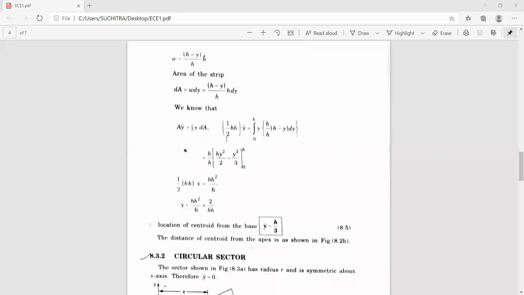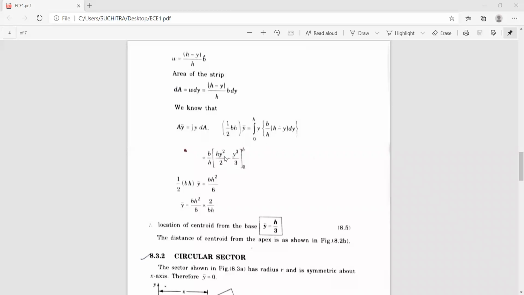The area of the triangle is half into base into h, and y bar is equal to integral, where the limits of integration are from 0 to h, of y dA. dA we have calculated here: dA is b by h into (h minus y) dy. So integral of y into b by h into (h minus y) dy. We can take b by h out of the integration. Then it becomes integral of (hy minus y square) dy.